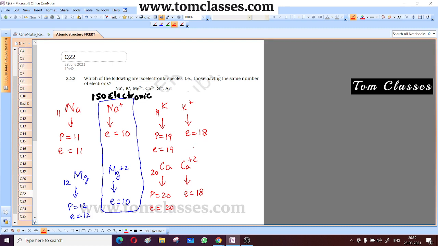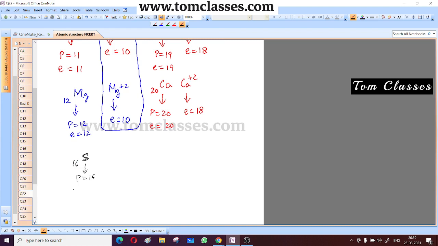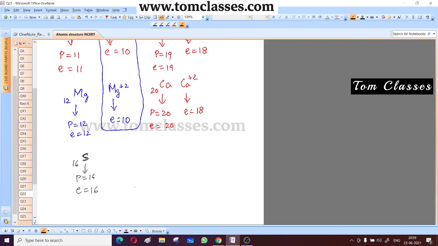Okay, we have other elements also. Let's now talk about sulfur, because sulfur is also there. Sulfur has got an atomic number of 16, so it will have protons as 16 and electrons as 16. Now what he is talking about is S2 minus. So it will have electrons of 16 plus 2, since minus 2 is what he is talking about.